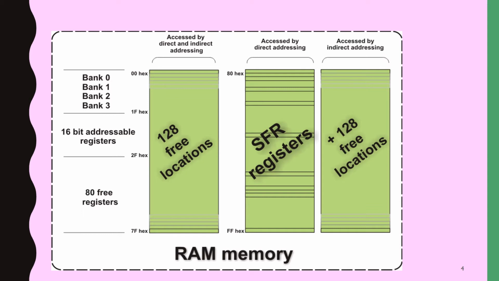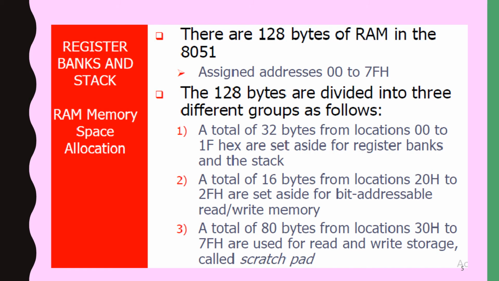So here you can see the general RAM structure. The 8051 has 128 bytes of RAM, assigned addresses from 00 to 7F, divided in 3 groups. A total of 32 bytes from locations 00 to 1F are set aside for register banks and the stack.